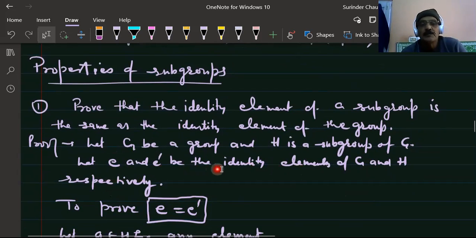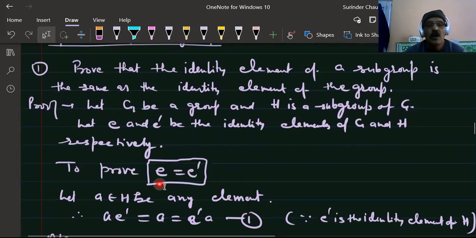Let E and E dash be the identity elements of G and H respectively, with the same binary composition. Now our aim is to prove E is equal to E dash. We prove it by contradiction.